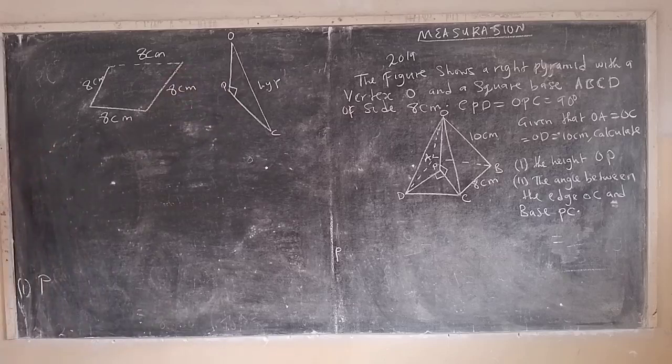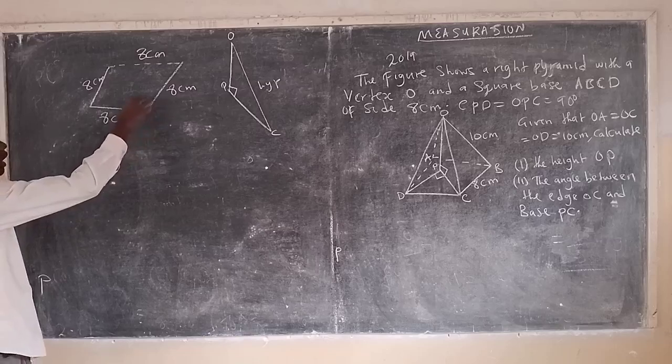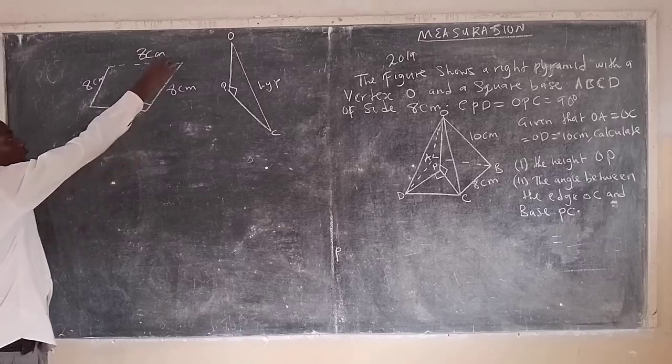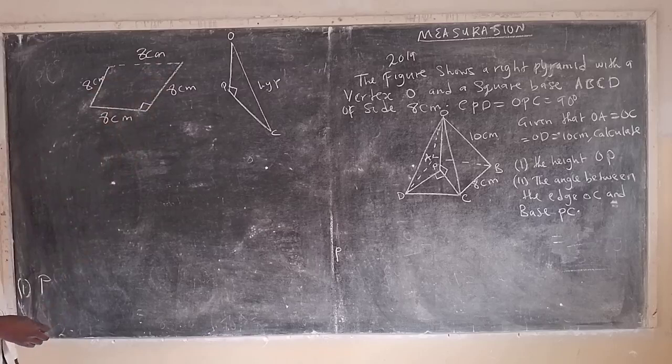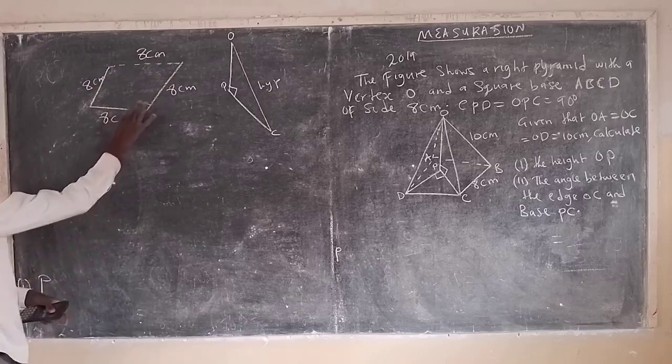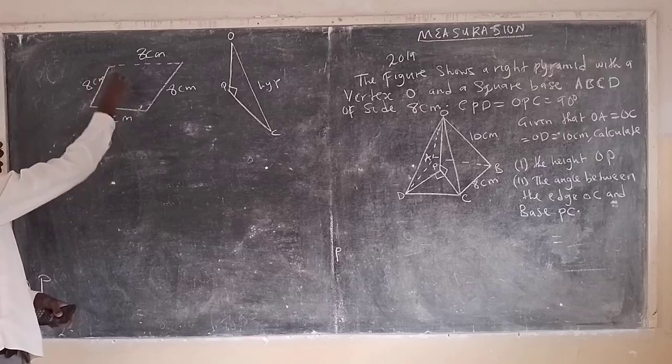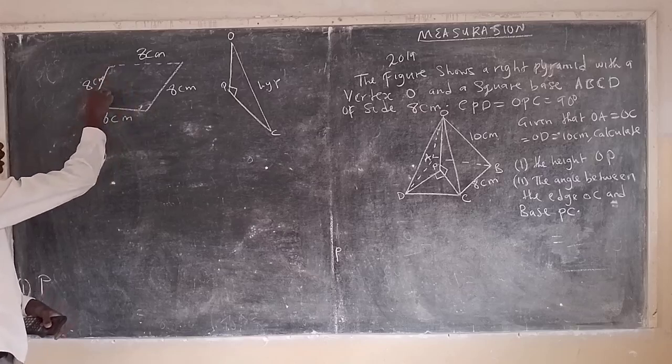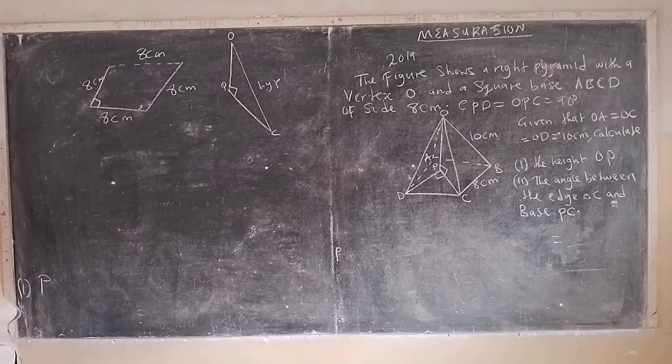So what are we going to do? Since this is a square, all the corners are 90 degrees. So let's say we extract this corner, here it is equal to 90 degrees. All the points are 90 degrees, regardless of where you cut, it's still the same.